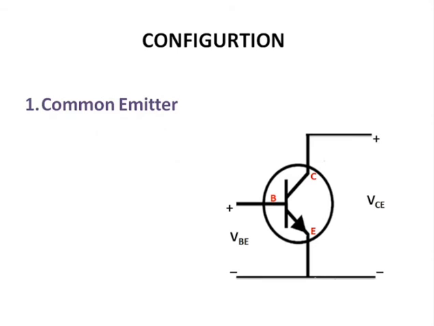Like I told you, in common emitter, the emitter terminal is common for both base and collector. So this side works as input and this portion acts as output. In common collector, the collector is taken common to both base and emitter.